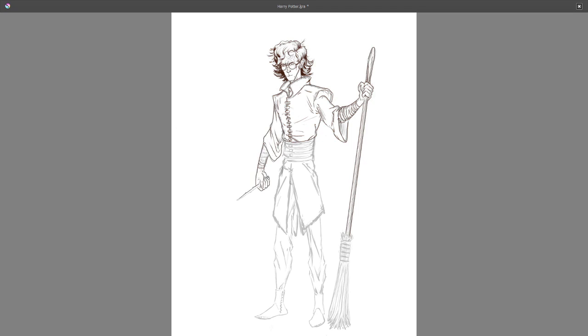Moving on to the other things in the picture that aren't Harry, are his Firebolt broomstick and his wand. These are, of course, how I imagine them, but their look is inspired by the 2013 US anniversary release. The cover art for those volumes, I couldn't remember who it was by during the stream, but it's by a Japanese artist named Kazu Kibuishi.